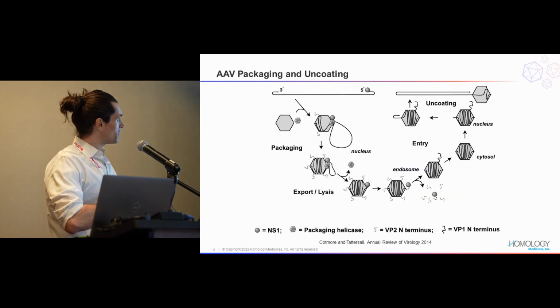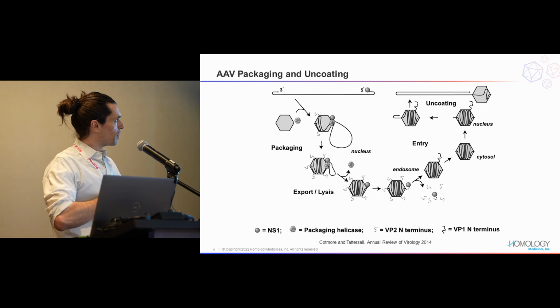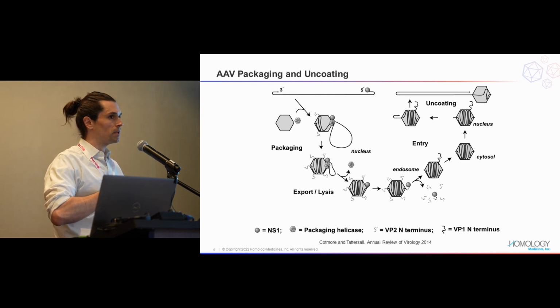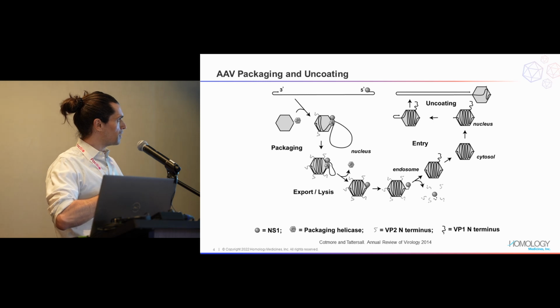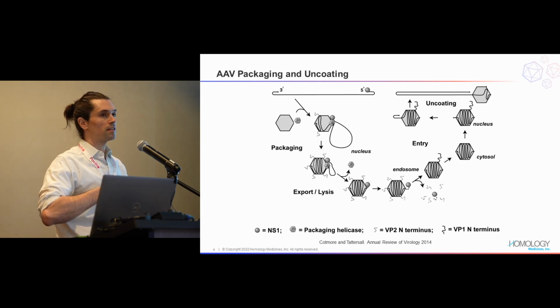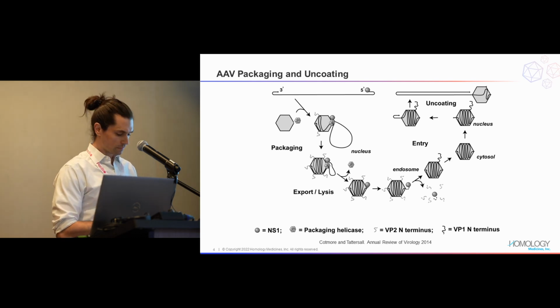Here we have rep bound to the 5' end of the genome, co-localizing with other rep multimers at the porthole of the capsid, which have an ATPase helicase function and shuttle the AAV genome into the capsid in the 3' to 5' direction. After lysis and infection into another cell, the genome can exit the capsid in the same orientation, 3' to 5'.